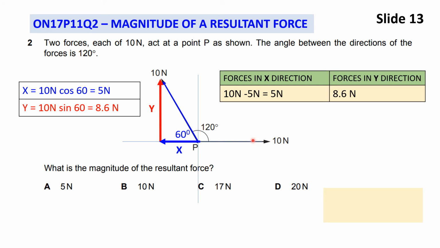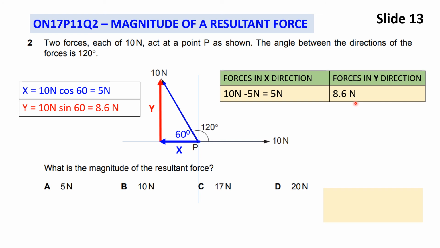If I use to the right as the positive reference, then the net force in the x direction will be 10 newtons minus the value of x, which is 5 newtons. So the result is 5 newtons. In the y direction, I just have one, which is the component of this vector, the y, so 8.6 newtons.